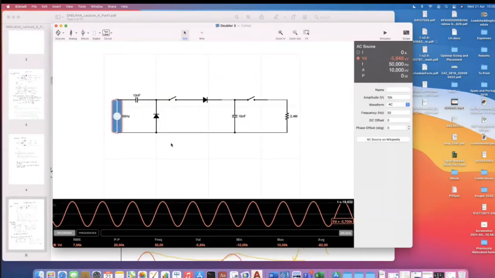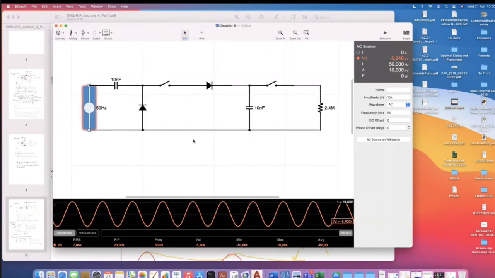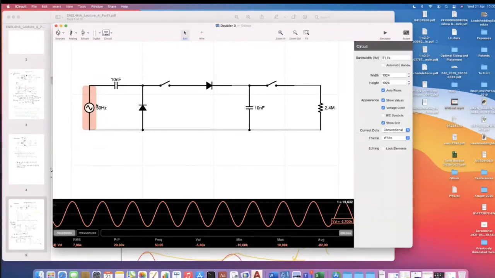Right, we're going to start with our AC source again. We've got a 10 kV source.